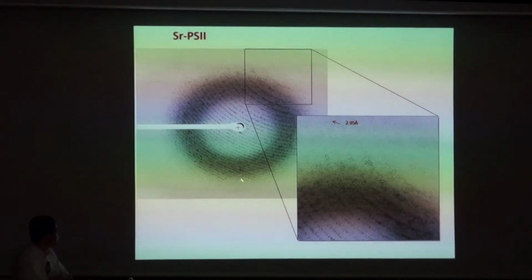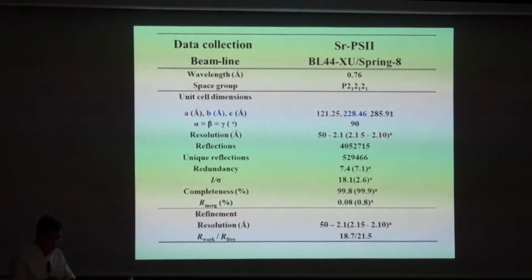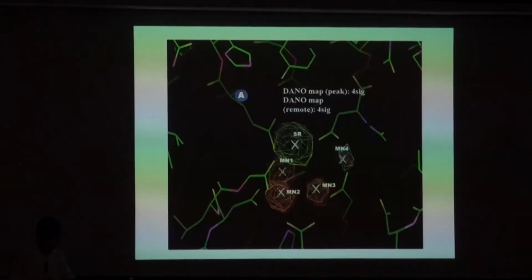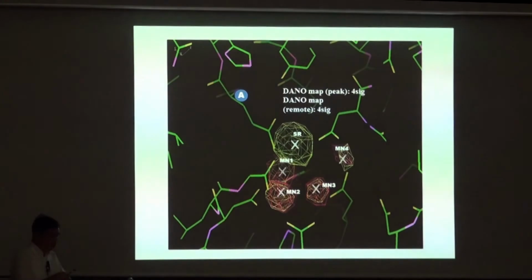This is the diffraction pattern we obtained from crystals of strontium replaced PS2. We were able to analyze the structure at a resolution of 2.1 angstrom. And we can confirm the position of the strontium by anomalous diffraction, because strontium has a strong anomalous absorption peak at around 0.9 angstrom.